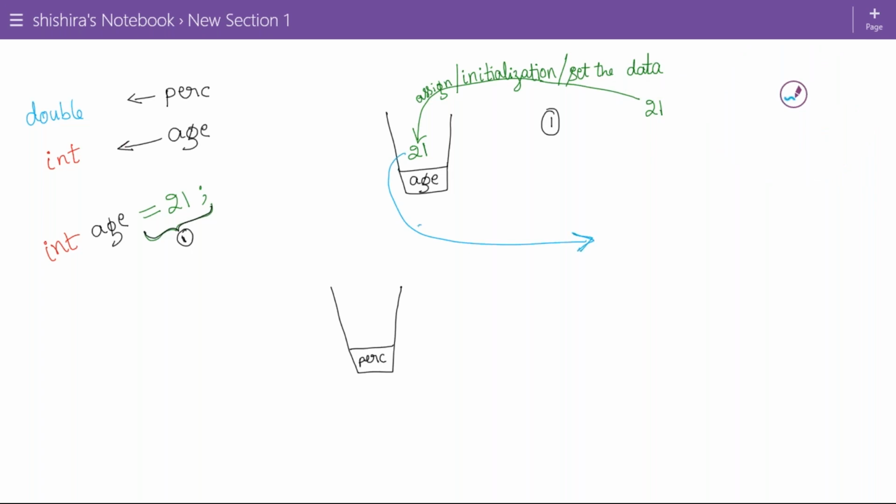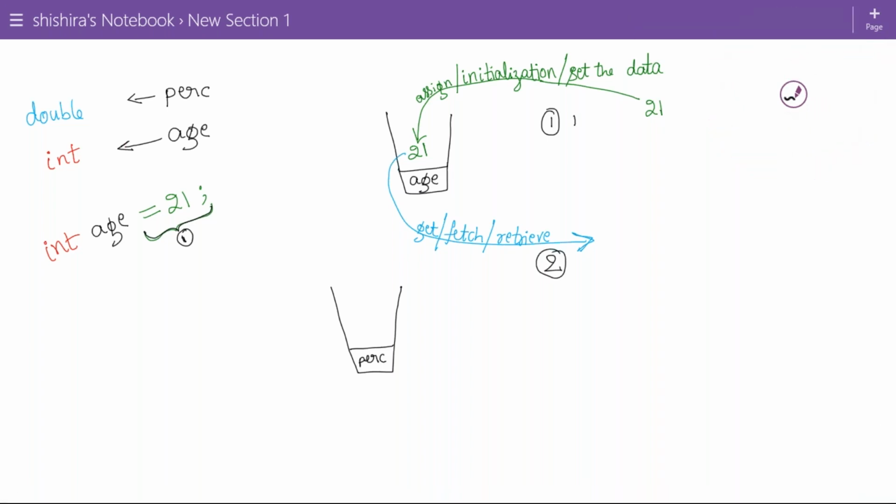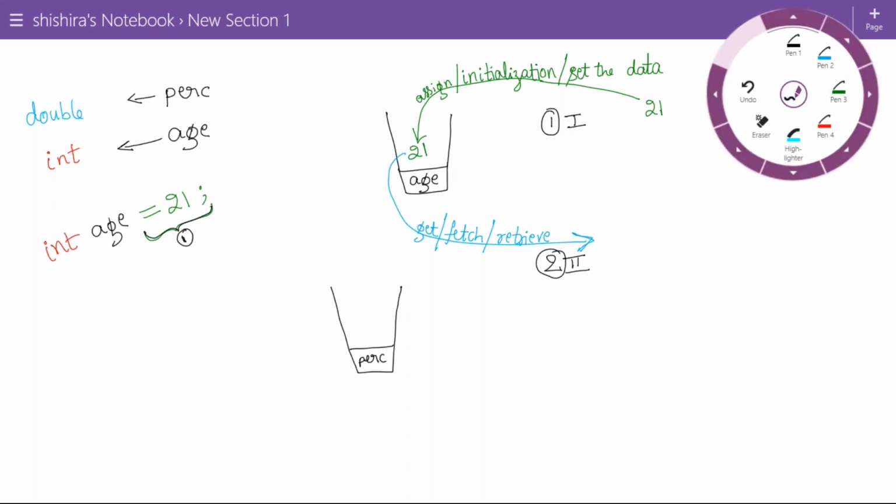You can retrieve, you can fetch, you can get the data. This is the second thing that you can do. These are the two operations you can do. This is the first operation, this is the second operation. One is you can assign the data, another is you can retrieve the data.